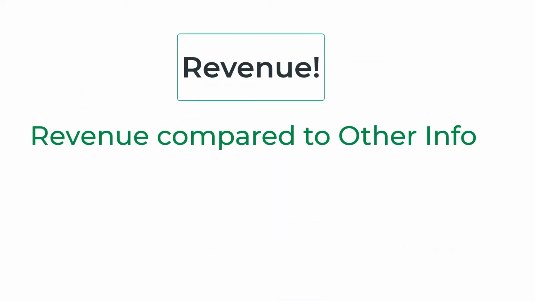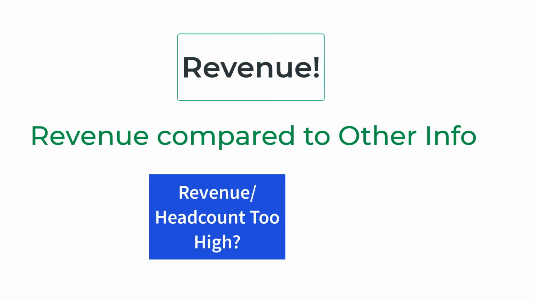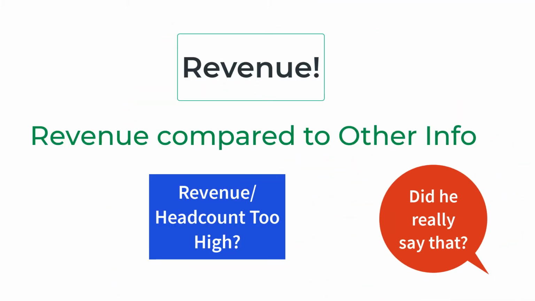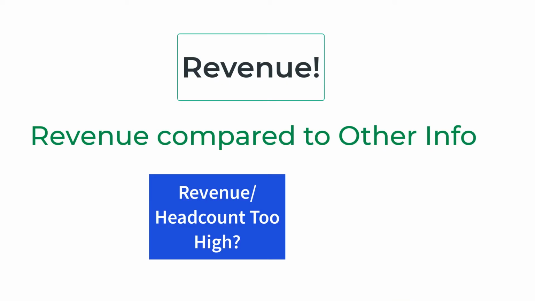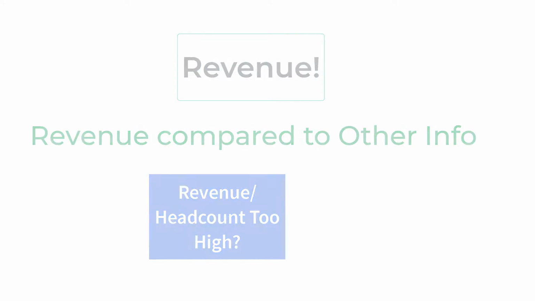Now, it might seem callous for me to say this, but each employee is an investment in your company. Each one should be helping you move closer to your goal. There may be times when revenue per head count is too high. Times like this could lead to errors or upset customers, so watch out for that.